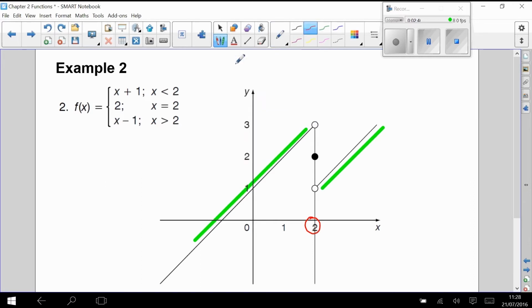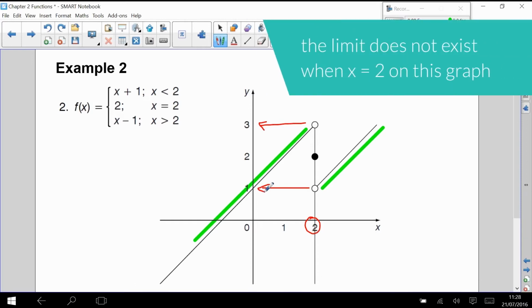If I had gone from the left, I would have reached a height of 3, and from the right, I would have reached a height of 1. As these heights are not the same, there is no limit in this particular graph.